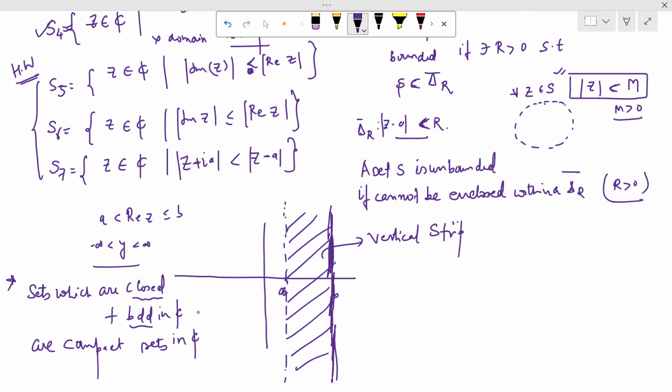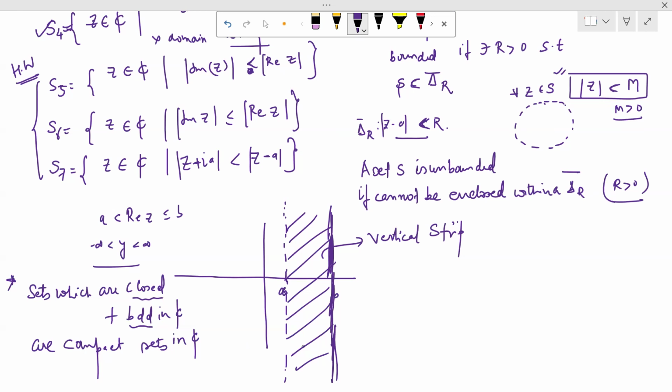But that goes in topology. So right now we are not going into that much detail. Otherwise, that I teach in metric spaces and topology. That is a different thing. But right now, you should be acquainted with all these terminologies. There you study it under the name Heine-Borel. Here I'm writing: the sets which are closed and bounded in C are called compact sets in C. Right? Yes, sir. Is that fine till now?